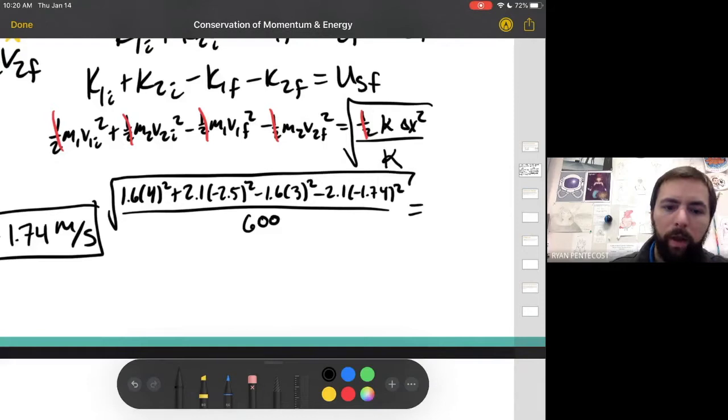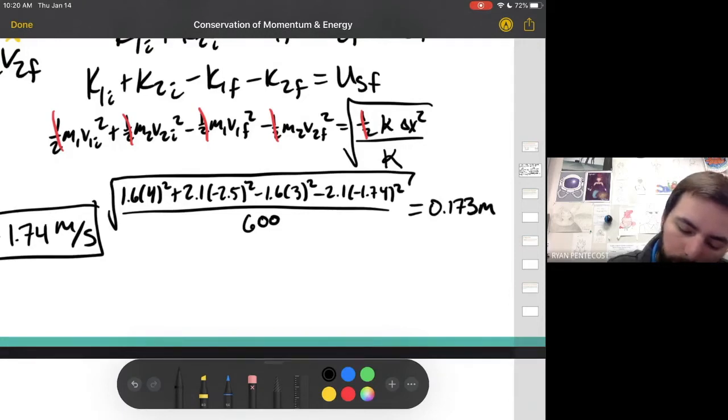And if you do that, you will get an answer of 0.173 meters, which is 17.3 centimeters for your delta x.